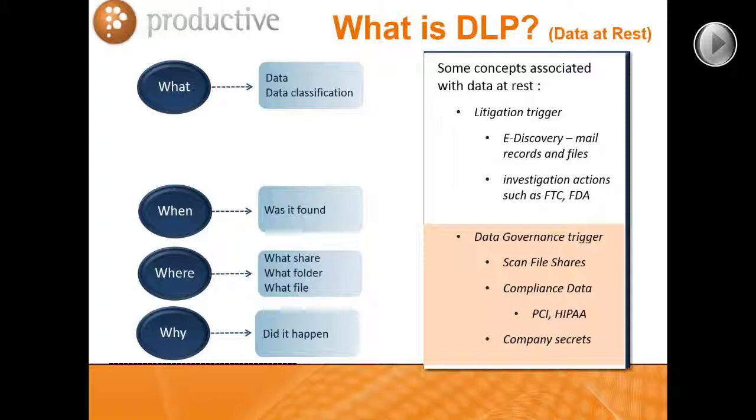What share did we find it on? What file folder? What file did we, for example, find unencrypted credit cards? We give you context and awareness so that you then can begin asking your colleagues who you work with, why did this happen? And what should we do about it?